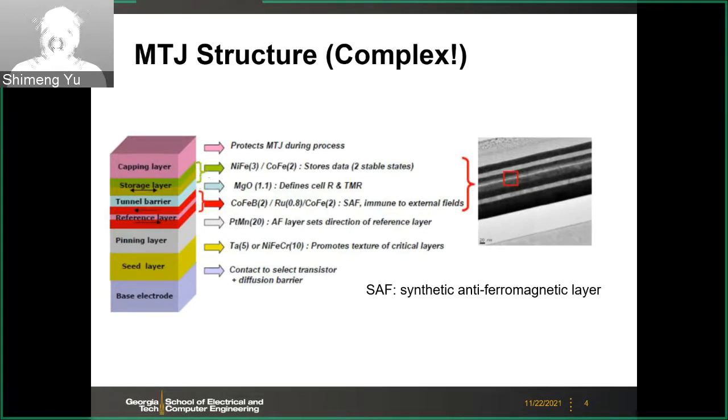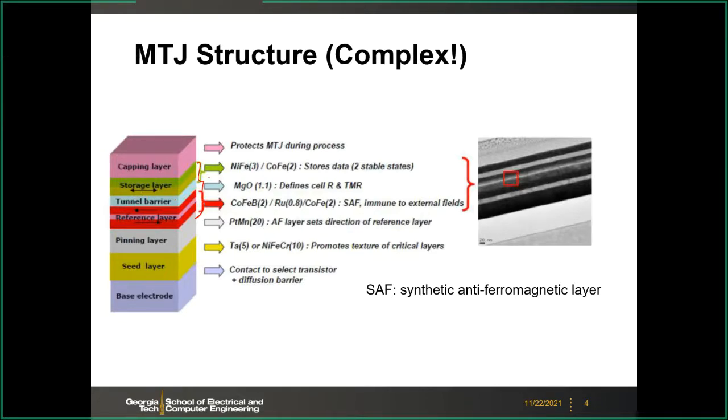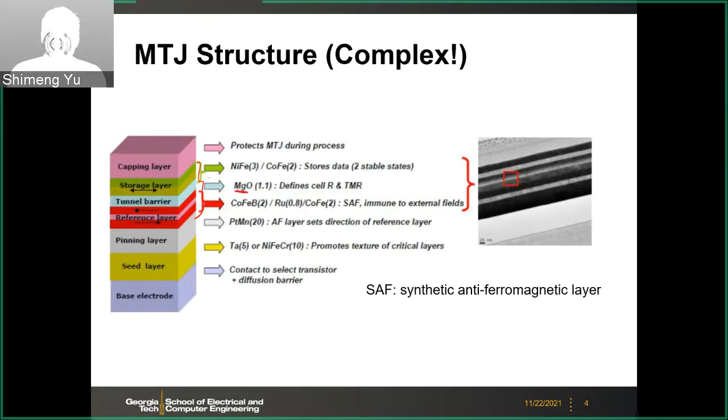The tunnel barrier is like the MgO, as we discussed before. Then we have the bottom reference layer or pinned layer, and the top free layer. Typically, the materials here are associated with cobalt, iron, and boron. This is the typical magnetic material.